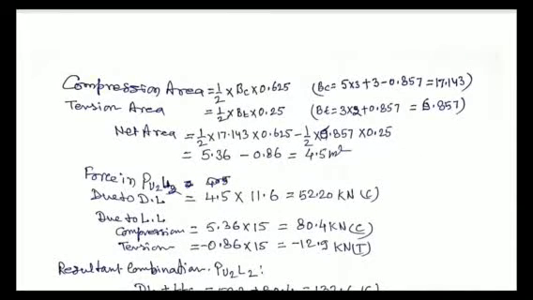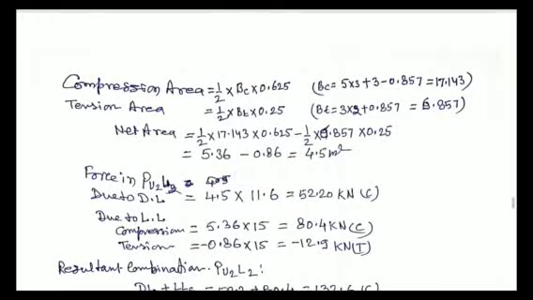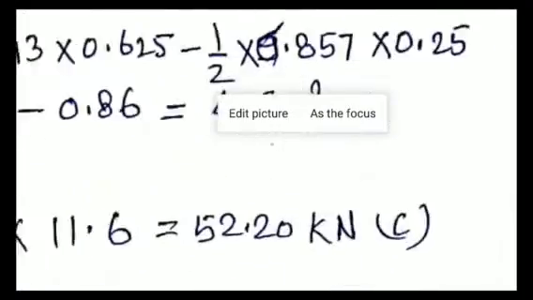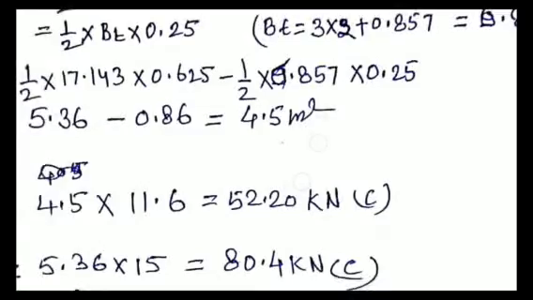These separately come out to be 5.36, and this is coming minus 0.86. So the resultant area is 4.5 meter square.